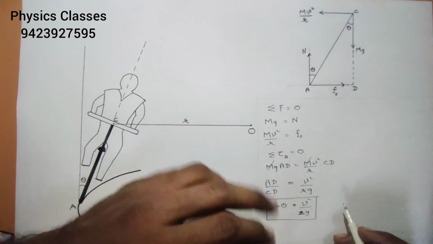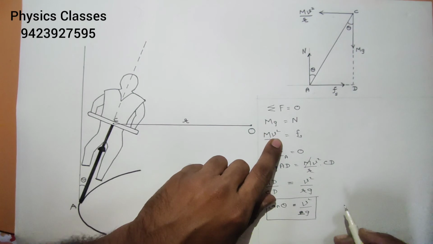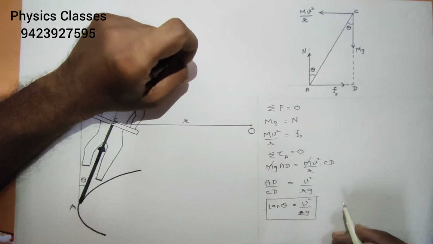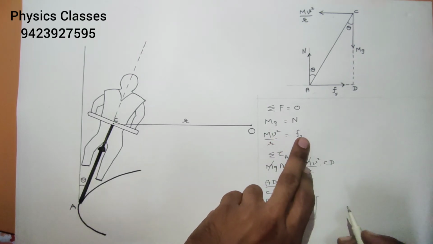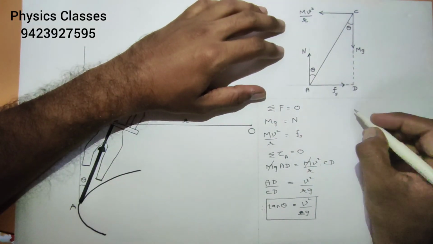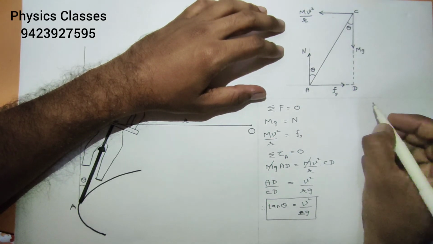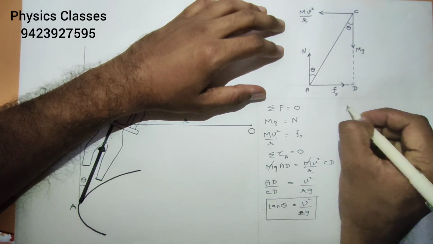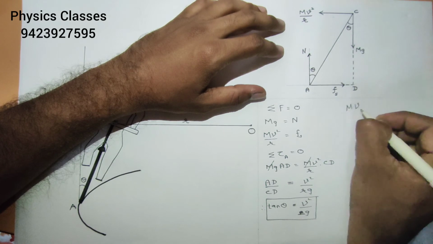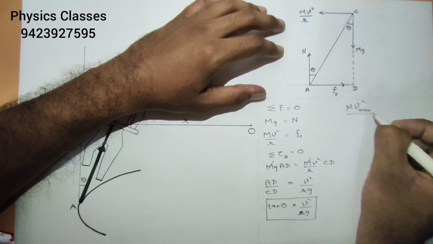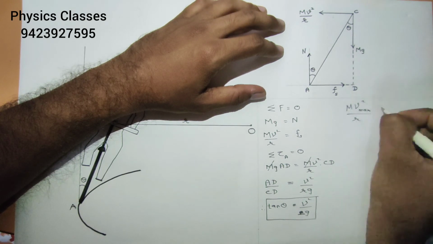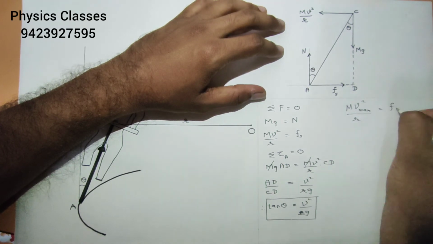And hence there is a limit to which this velocity will increase. So for maximum velocity, the static friction force will also be maximum. So how should I write down the equation? Over here I should write m v max square upon r is equal to Fs max.